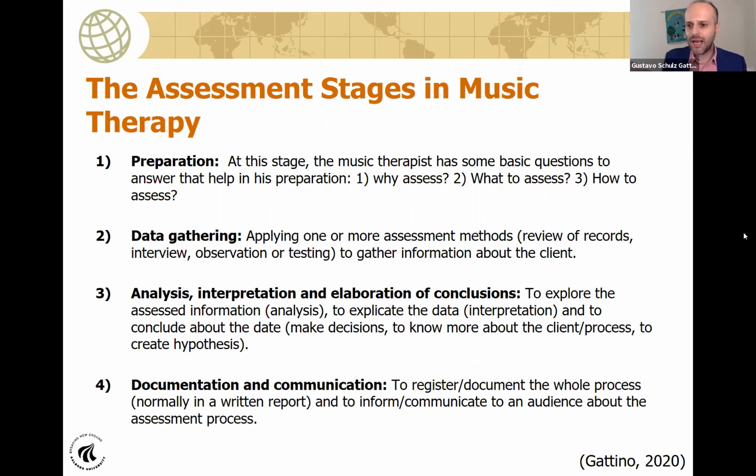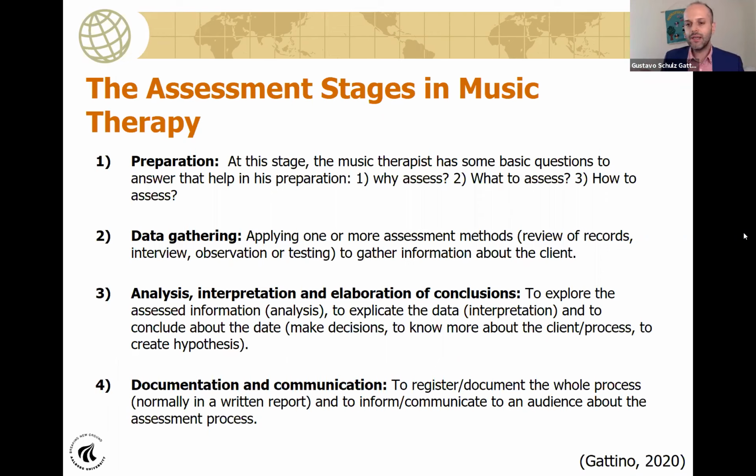Or sometimes I just need to conclude something because in the preparation part I had a question, because normally in the preparation I have a question. And in stage three, I need to answer this question in the conclusion. So, for example, if my question was how the music therapy is dealing with some specific difficulties from this client, I will try to answer this question.